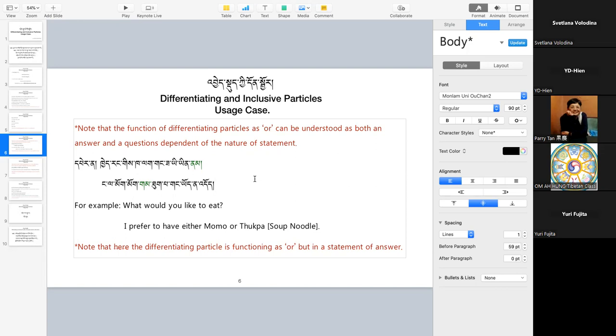Something like a pseudo-conformational particle, but this is not a word, so we will refrain from using this particular word. We'll say it's a verb that functions as if it's a conformational particle. So in this case we see that nam is following hin, which is a conformational verb.